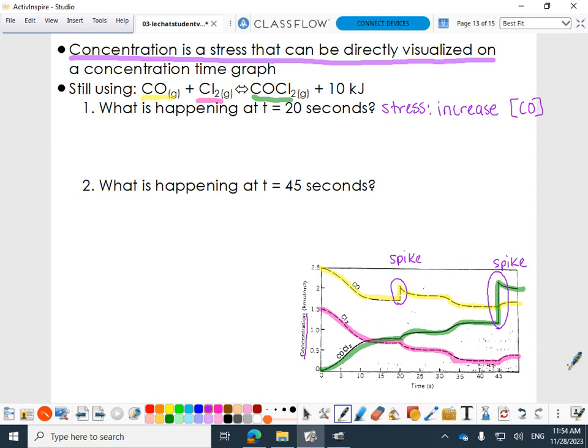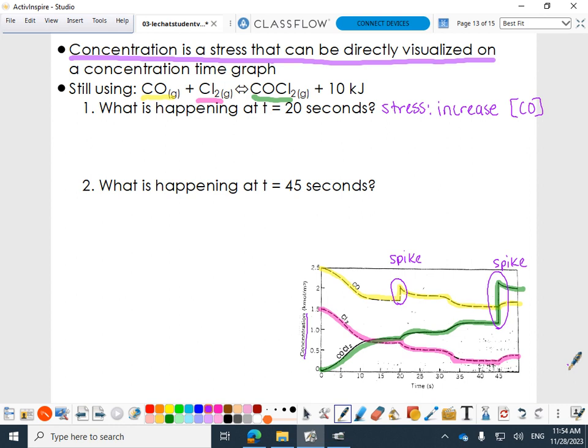So if you notice the dotted lines, even initially, they're changing in the same way. Then at 20 seconds, after the spike, changing in the same way. Both of them are gradually decreasing. At 32-ish, 35 seconds, both dotted lines are gradually decreasing. And then at 45 seconds, they're both gradually increasing.